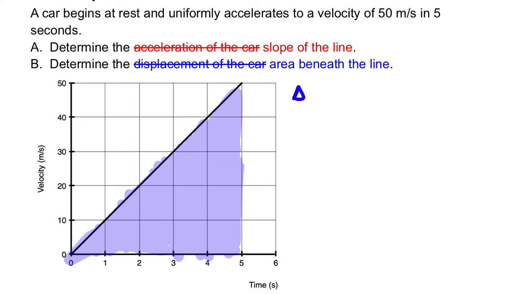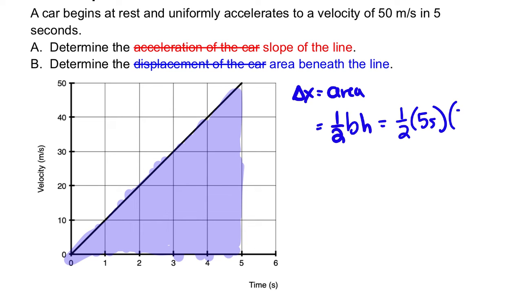So here, we want to declare that the displacement is given by the area. And then in this instance, we've got 1/2 base times height, again, because we are talking about a triangle. And we want to talk about then the dimensions of this triangle. This triangle has a base of 5 seconds and a height of 50 meters per second.